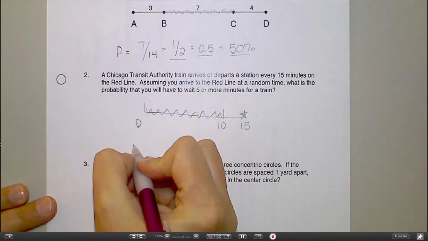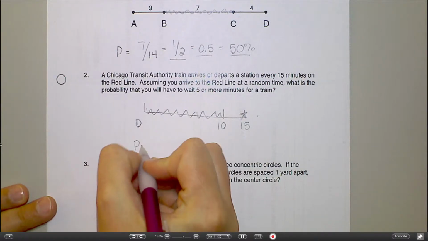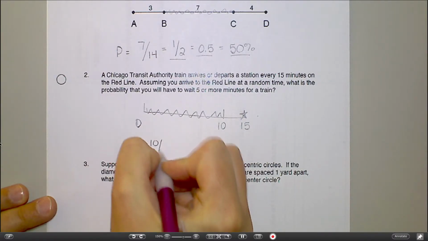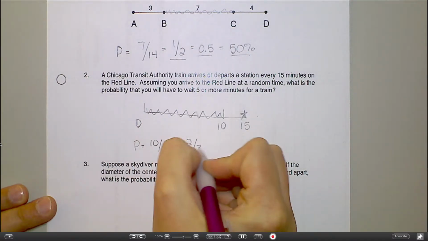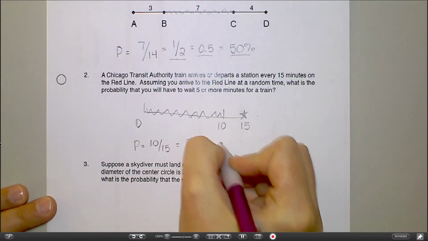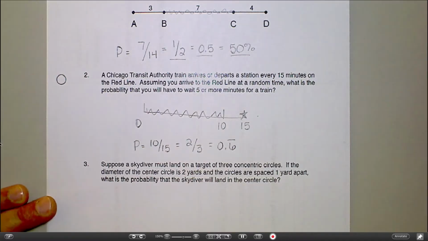So the probability that I'll have to wait more than 5 minutes is 10 out of 15, which would reduce to 2/3, which is also 0.6 repeating. Okay? That makes sense? How to set that one up? You look at 15 minutes and then you say, where am I waiting 5 minutes or more? That'd be the first 10 minutes of that 15-minute block.